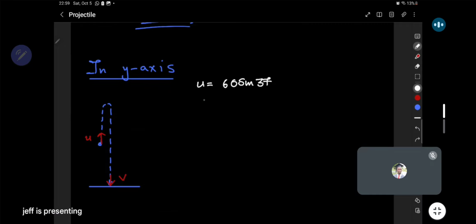Next up, the acceleration. The acceleration here is due to gravity, and we know acceleration will always point towards the center of the earth. So, because of that, we'll give it negative 9.8. When using this approach, it's very important for you to respect vectors. So, respect what is down and what is up.